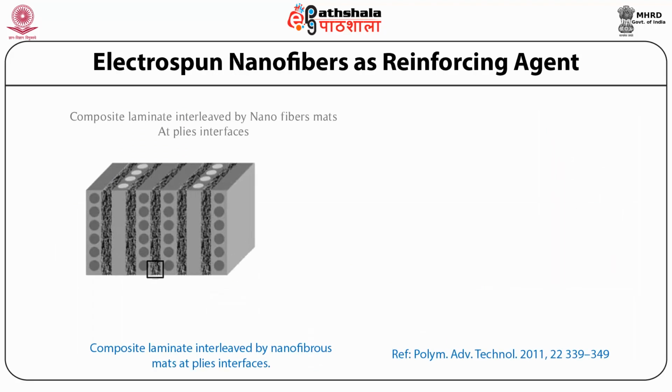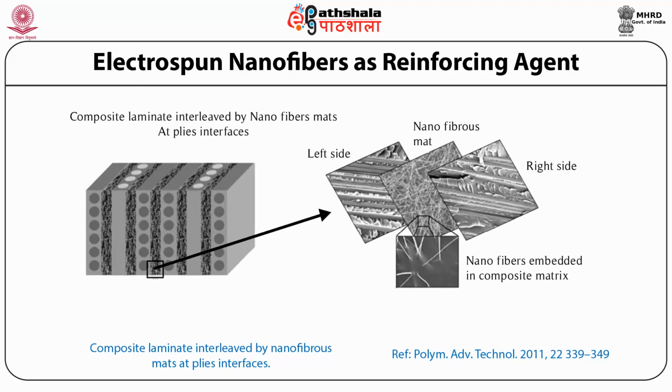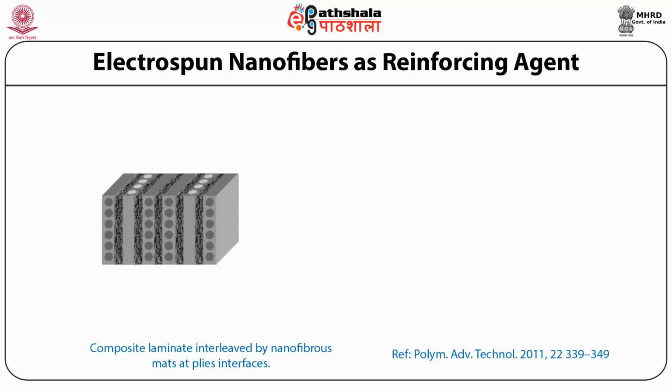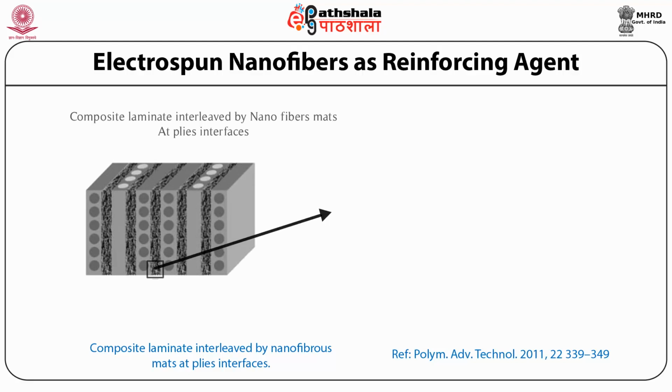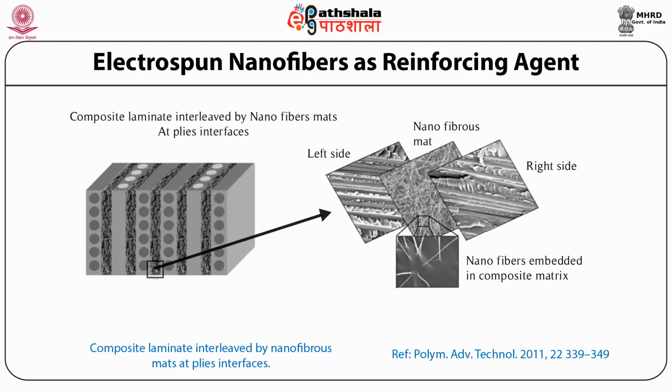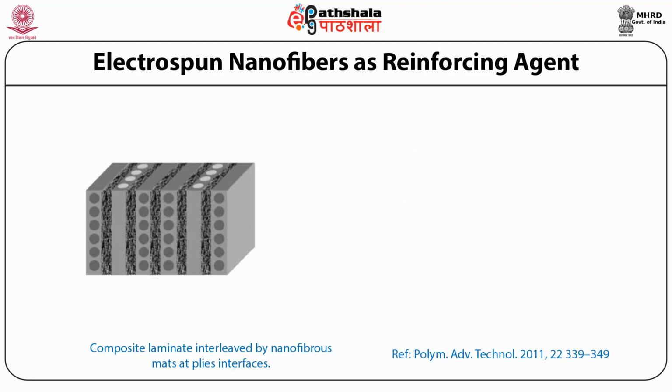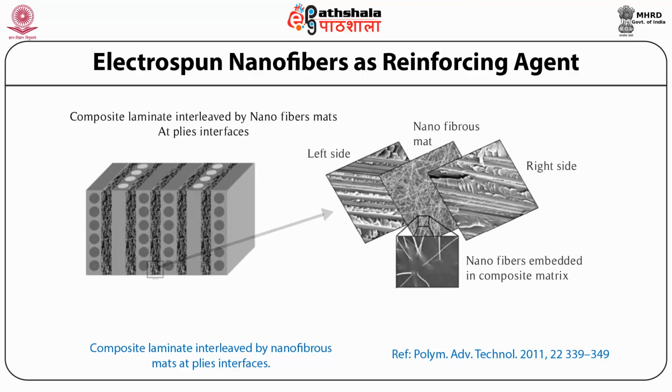I will discuss electrospun nanofiber as a reinforcing agent. One of the important applications based on traditional fibers at microscale, such as carbon fiber and glass fiber, is to act as fiber reinforcement in composite systems.